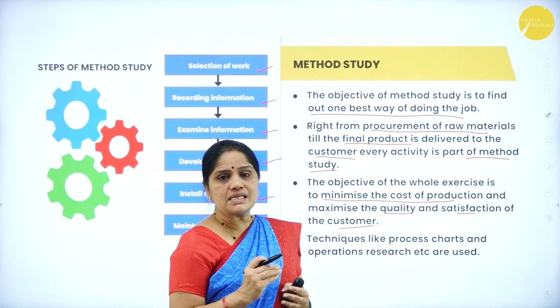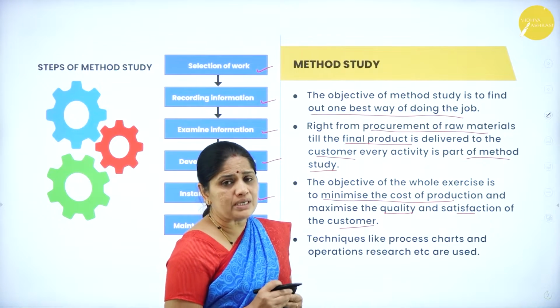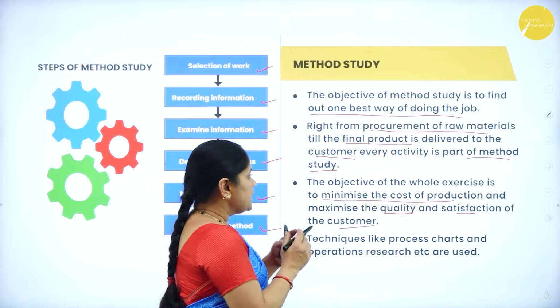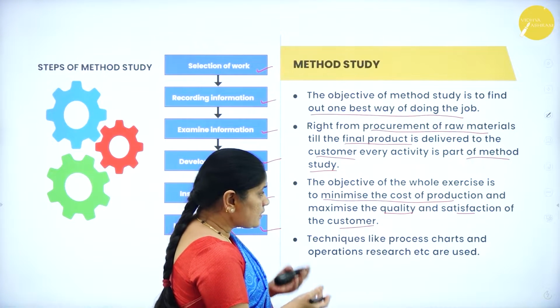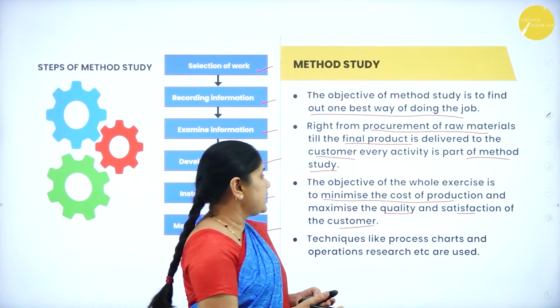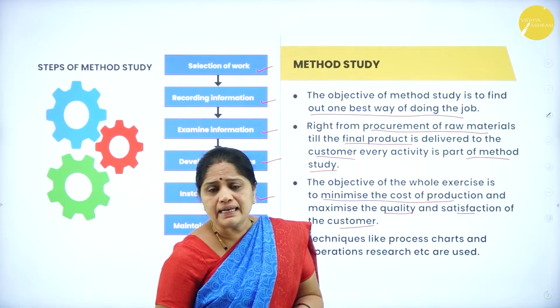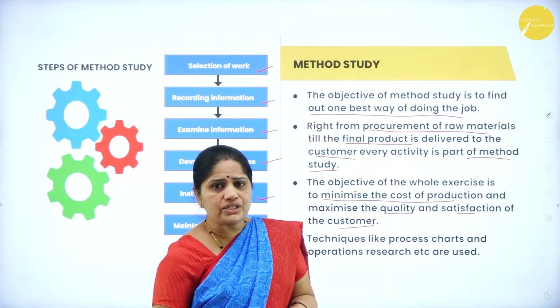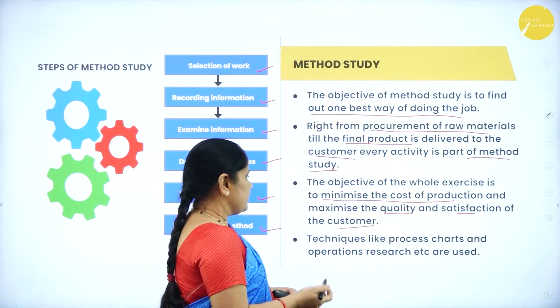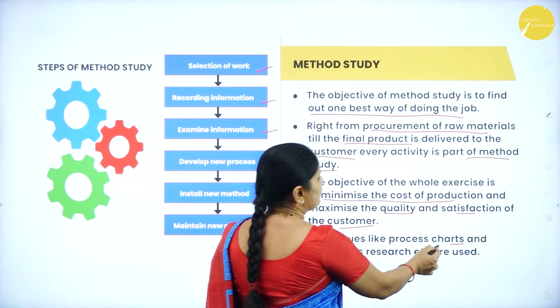Customer satisfaction is of utmost importance in marketing. The whole exercise of method study is to improve the quality of the product and finally ensure the satisfaction of the customer.